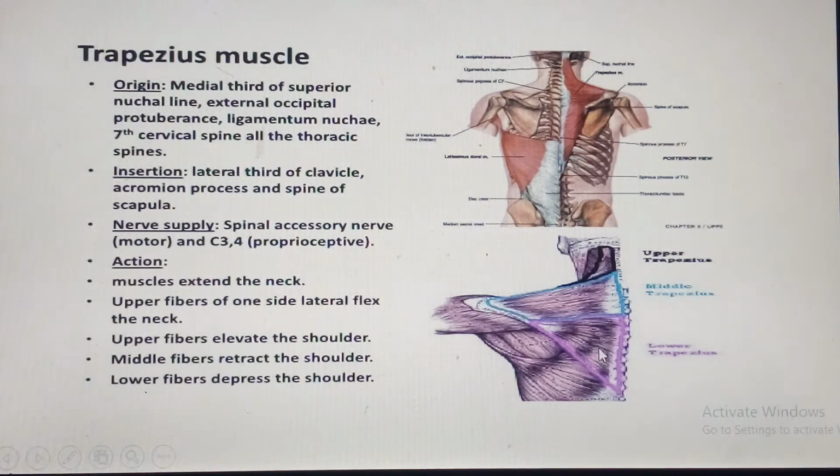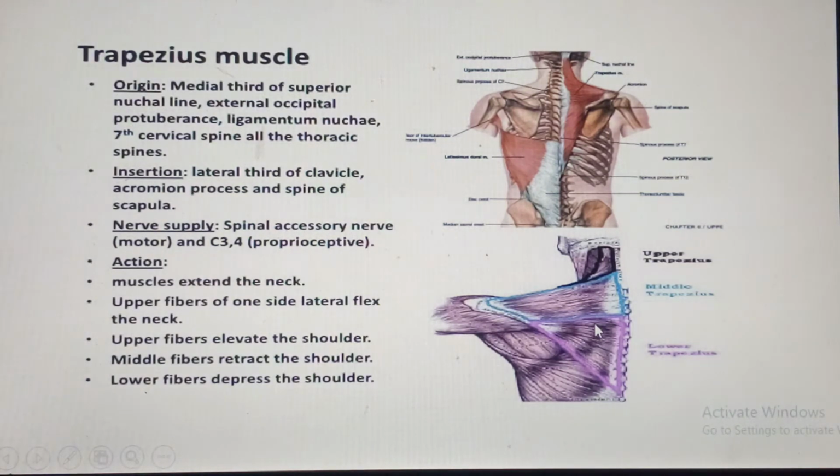Then the lower fibers will help depress it, and the middle fibers will help retract the shoulder. So that is what we are going to see. But one key thing is that all these muscles will help in the extension of the neck. So in the extension of the neck, all of them will work in unison to help extend the neck.